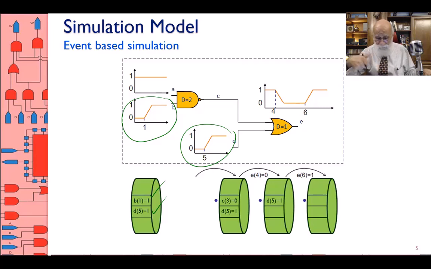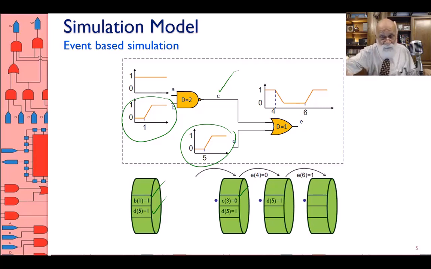Then B changing at 1 causes something to change on C after a delay of 2 time units, and therefore at time 3, C changes.